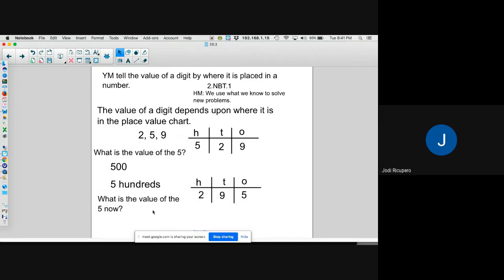The value of the 5 is 5 ones. Is that 5 ones or just 5?